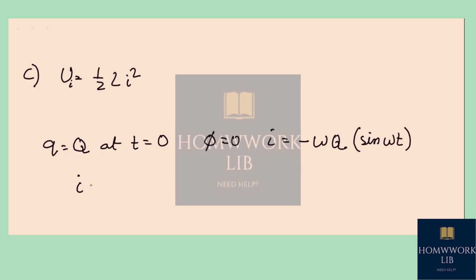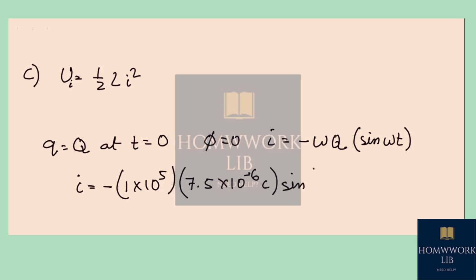So here I is equal to negative 1 times 10 to the power 5 times Q, which is 7.5 times 10 to the power negative 6 coulomb, sine omega t, which is 1 times 10 to the power 5 times 2.5 times 10 to the power negative 3.